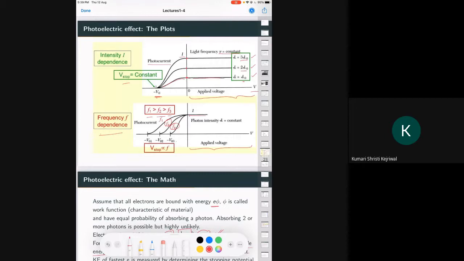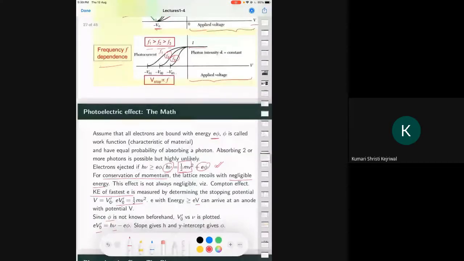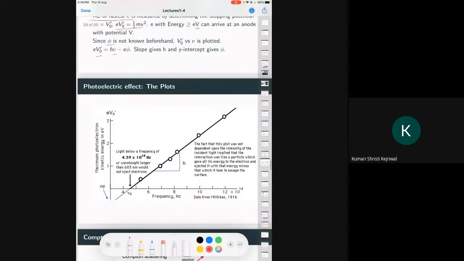From here you would get 3 points: stopping potential for frequency 1, for frequency 2, and for frequency 3. Like this, you do it for a range of frequencies. Here you see Millikan did it for 6 frequencies.